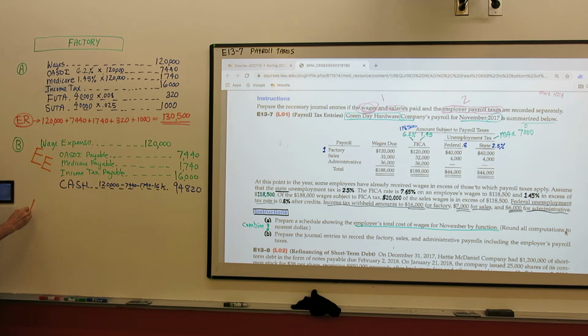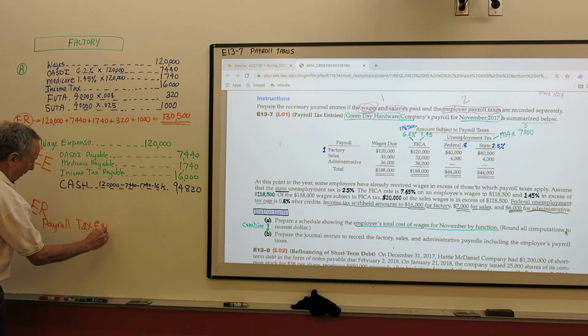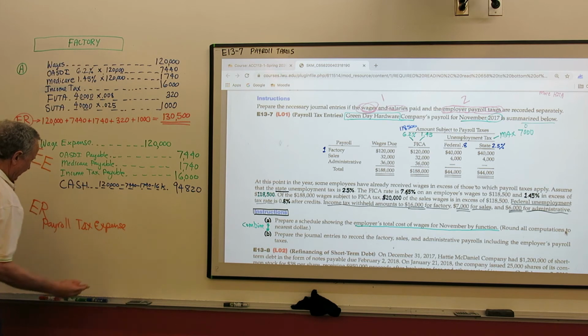Let's do the journal entry for the employer now. They're going to debit something called payroll tax expense. And we know it's going to consist of the match.